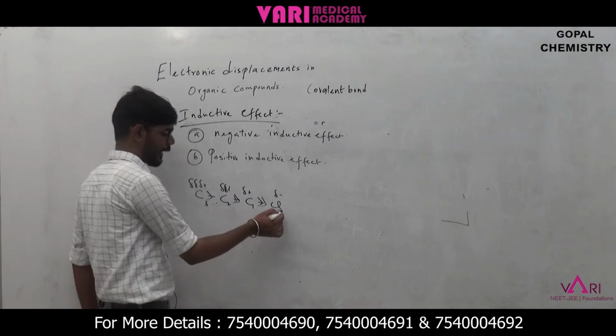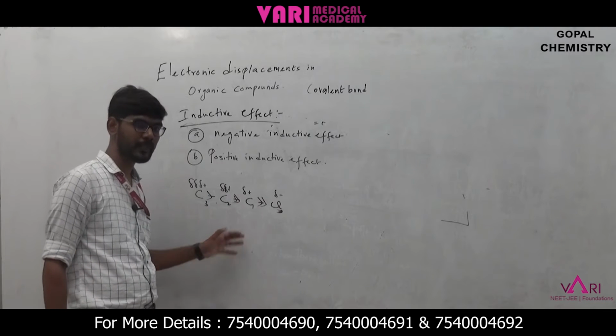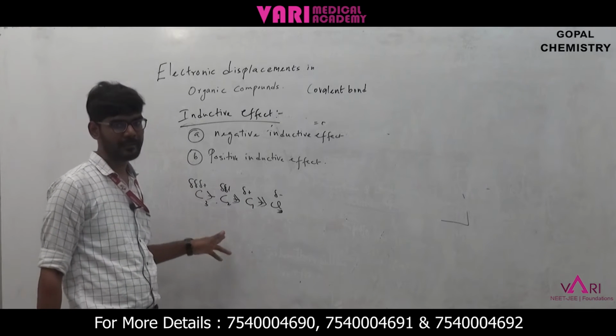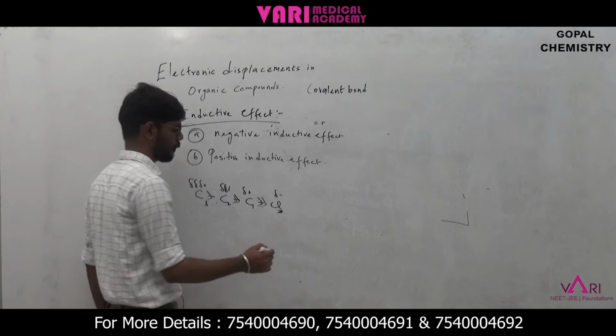If an atom is withdrawing electrons from the carbon skeleton, those groups are called minus I groups.